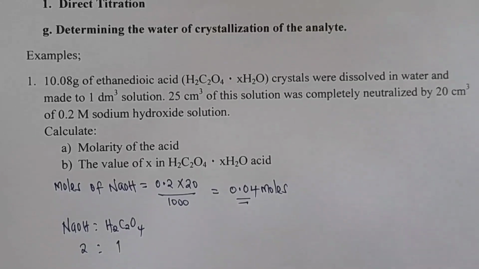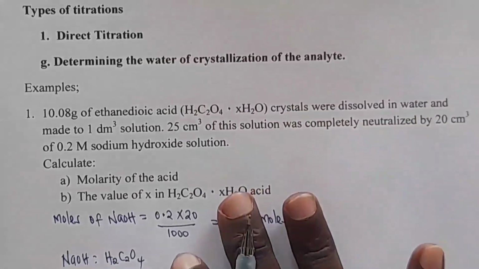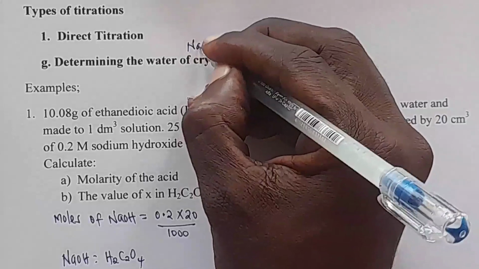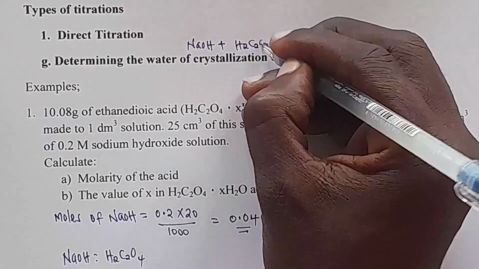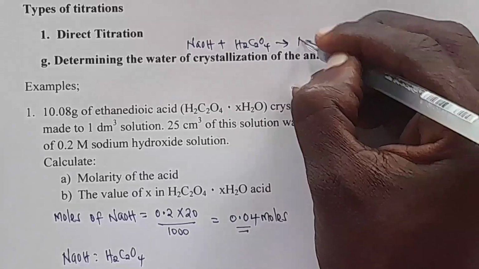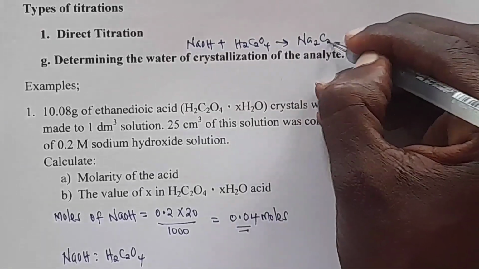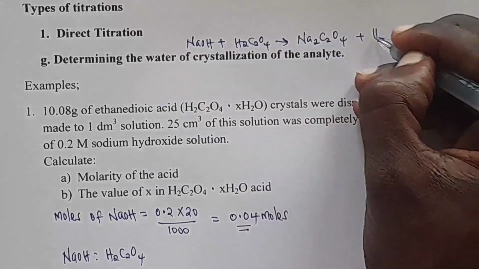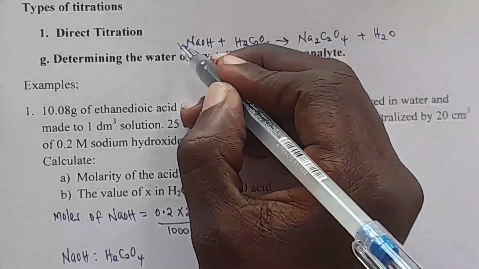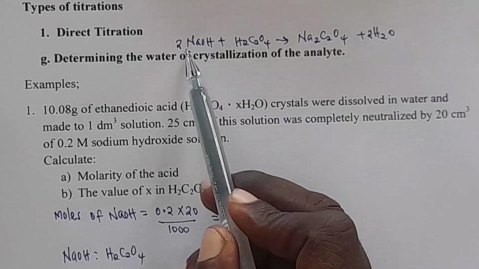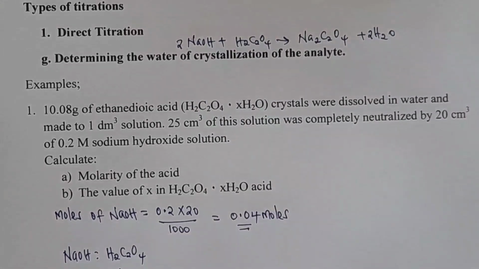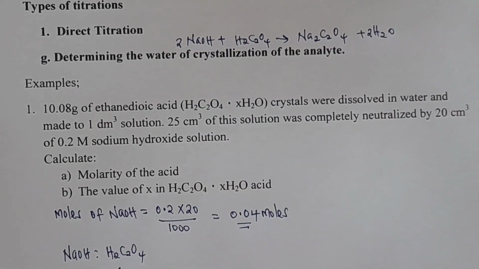You can write the equation up here: sodium hydroxide reacting with oxalic acid, and the products we are going to get are sodium oxalate plus water. To balance this equation, we have to put 2 here and 2 here. So the mole ratio between sodium hydroxide and ethanoic acid will be 2:1.